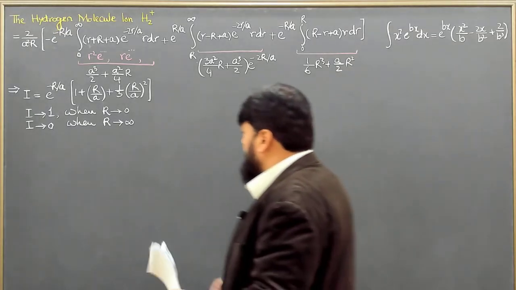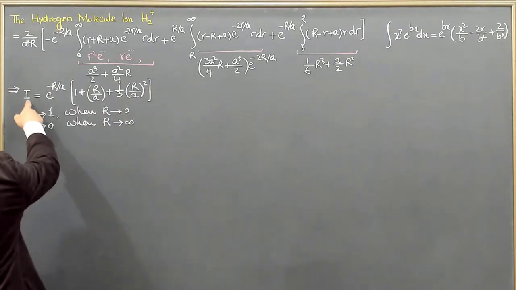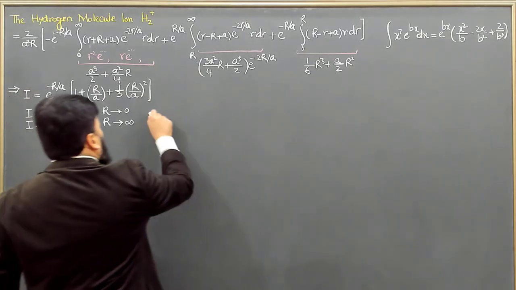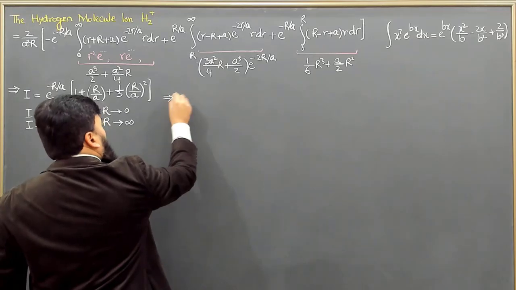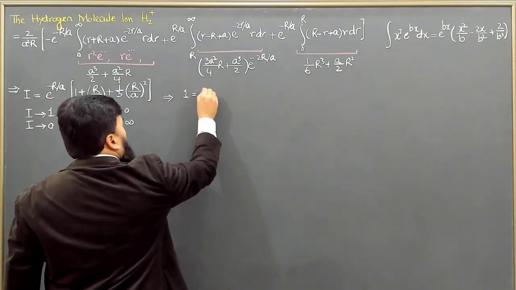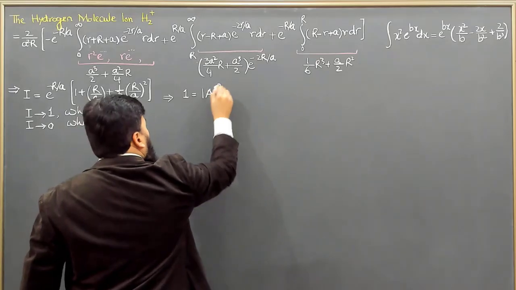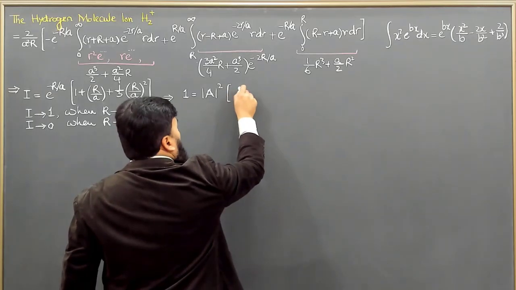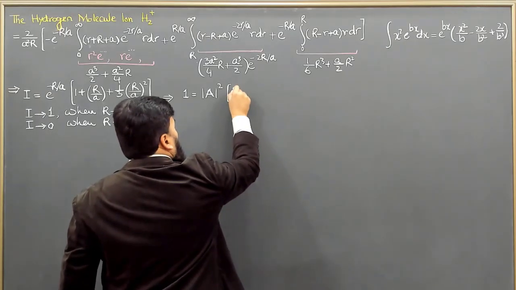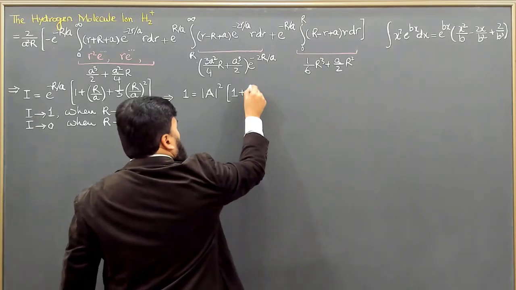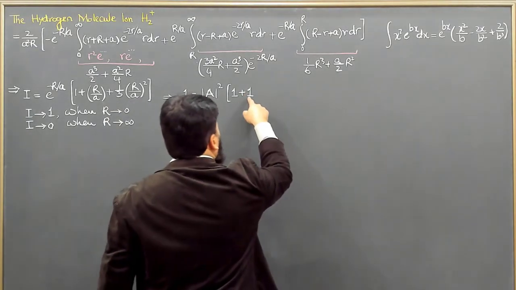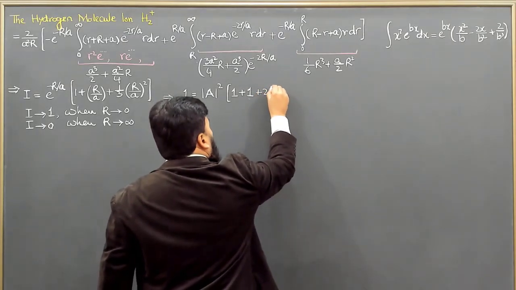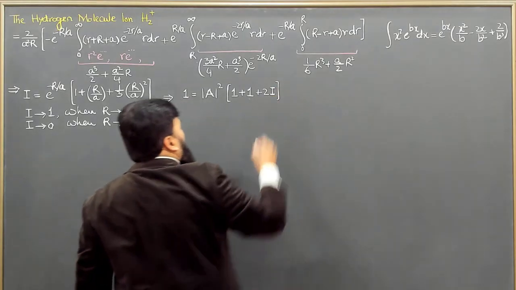So putting the value of this I back into equation 1, you remember that we had equation 1 equal to A mod square, and then for psi naught R1 mod square the value is 1, for psi naught R2 mod square it is 1, and then 2 times the overlap integral, which is the I integral.